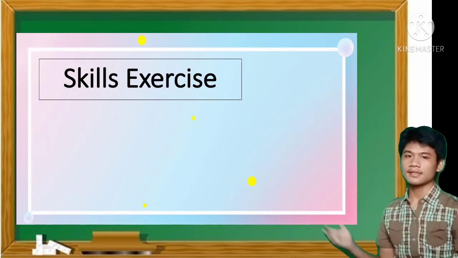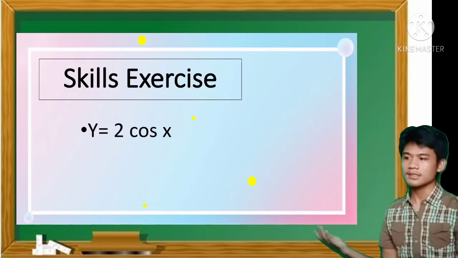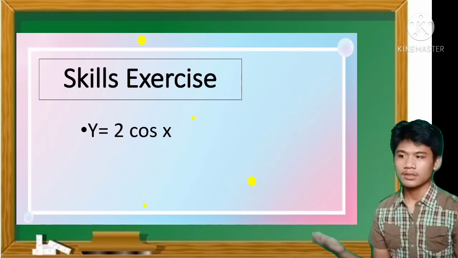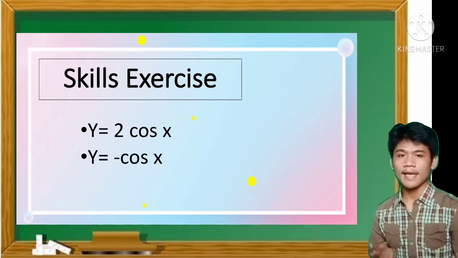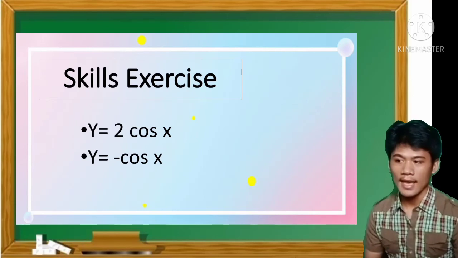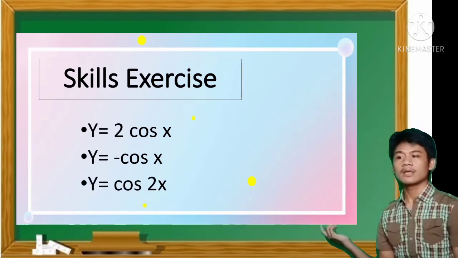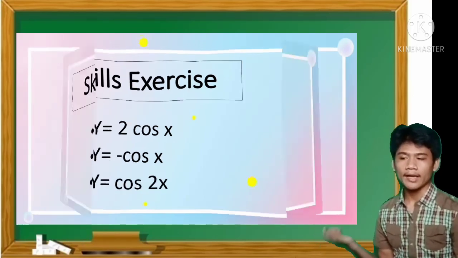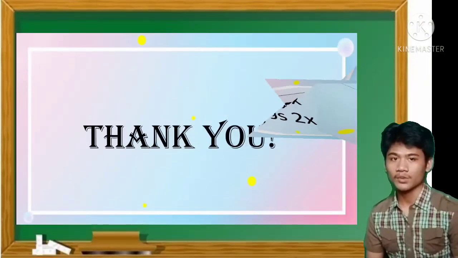So this is the skills exercise. First, we have y is equal to 2 cos x. Next is y is equal to negative cos x. Then the last is y is equal to cos 2x.